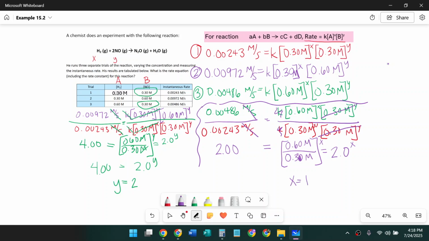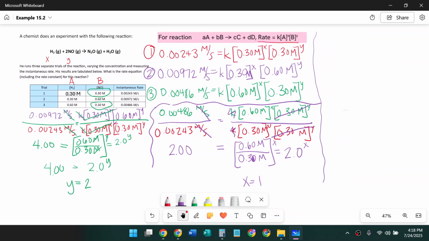So now we have the reaction order for each of the different reactants. We've got a lot of what we need to move forward. Now that we've got those pieces, let's look at our equation real quick. Slide this aside.